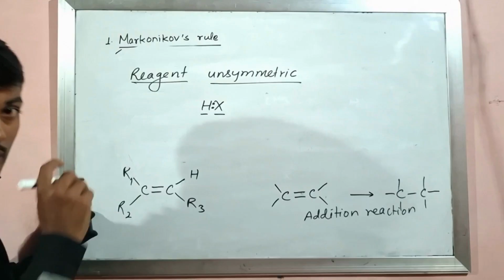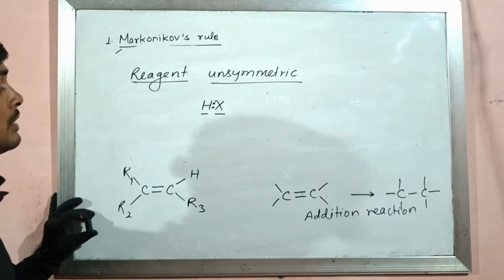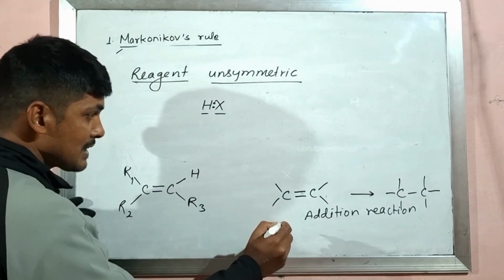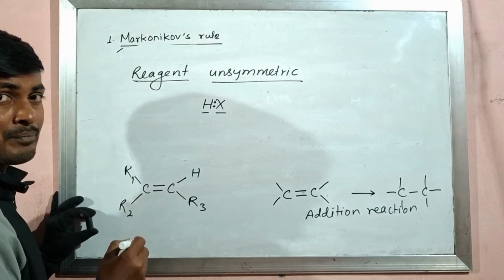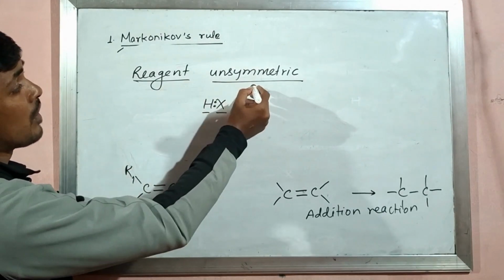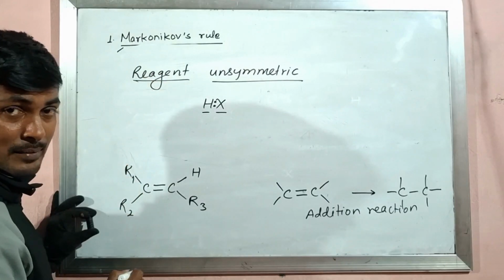So Markovnikov's rule is applied in the addition reaction of an unsymmetrical alkene with an unsymmetric reagent.